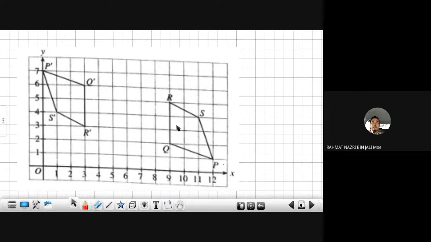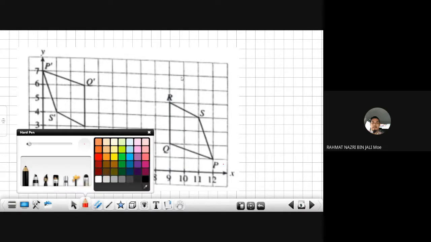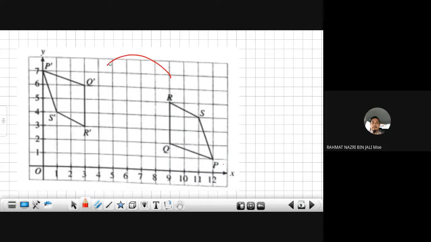Okay, this is the object and the image is located on the left of the object. Let's try to draw first. The direction: this one is anti-clockwise. If like this it's also possible, clockwise.